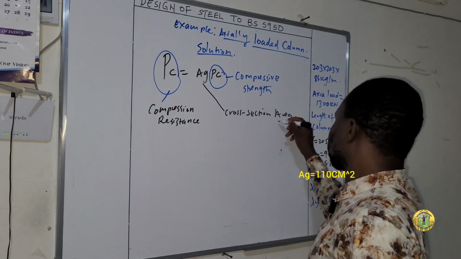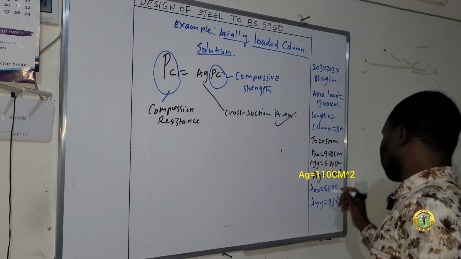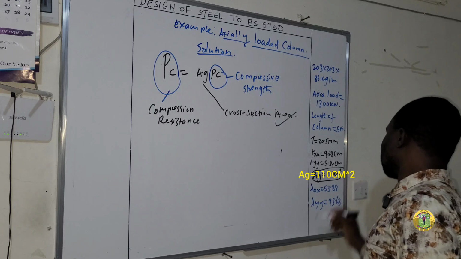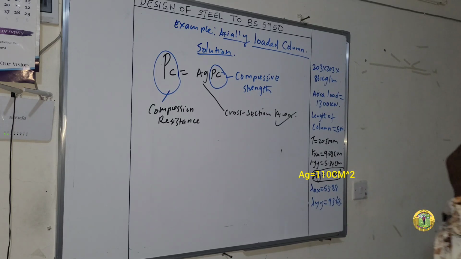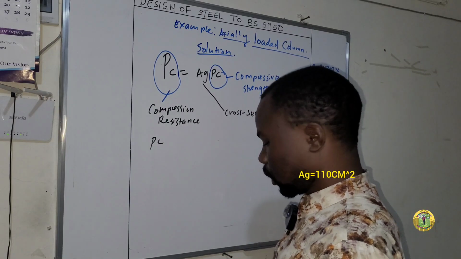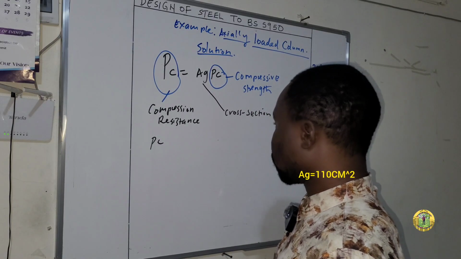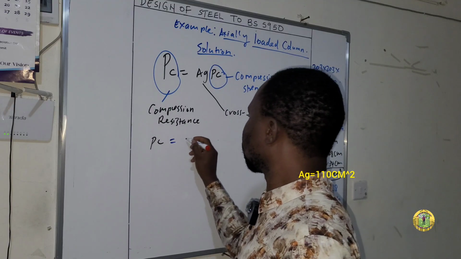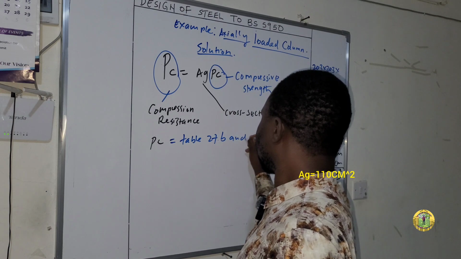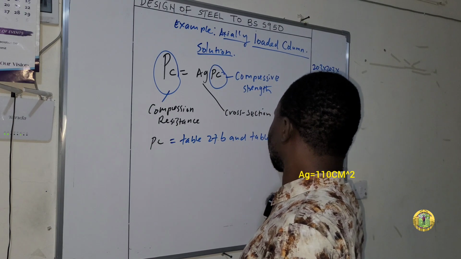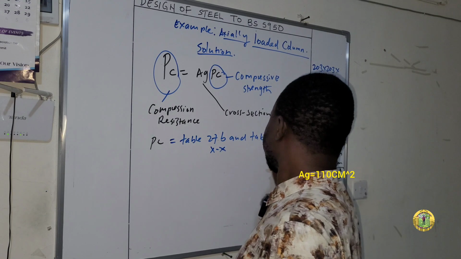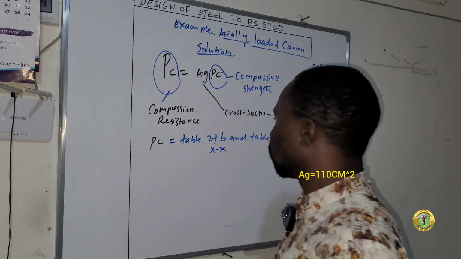We have the cross-section area as 11.0 centimeter square, but we don't have the compressive strength. This compressive strength is what we are going to obtain in table 27b and table 27c, for the XX axis and the YY axis respectively.